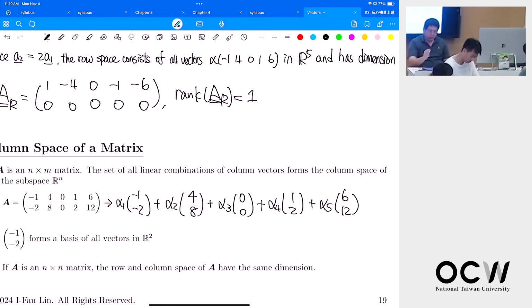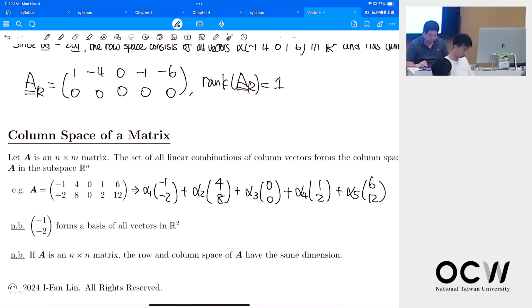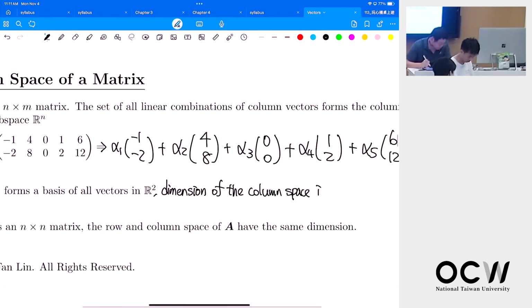All the linear combinations of the column vectors form the column space. And we say that (-1, -2) forms the basis and the dimension of the column space is 1.